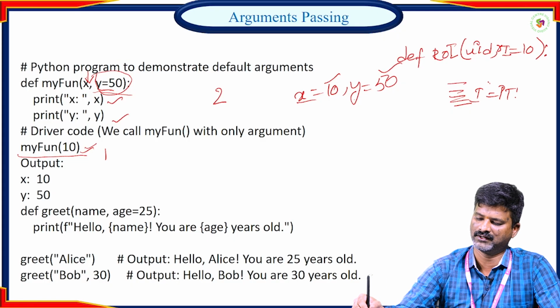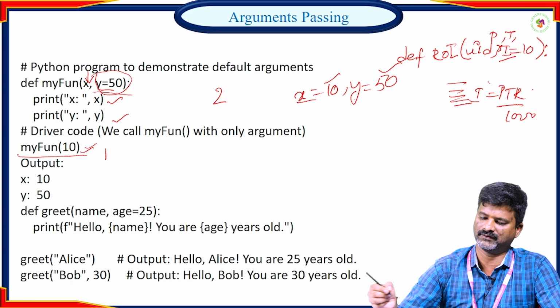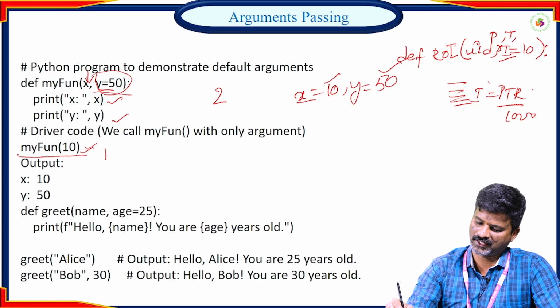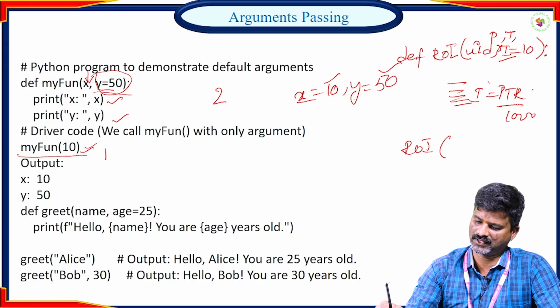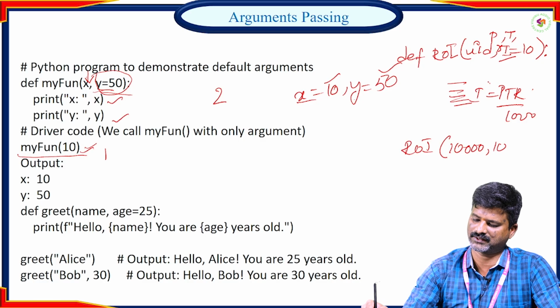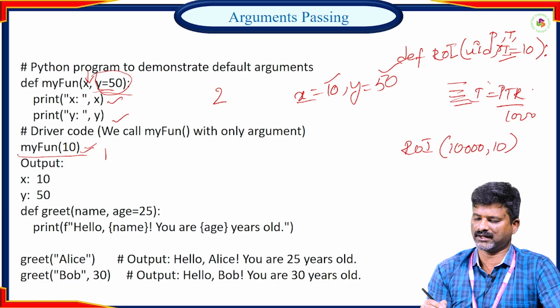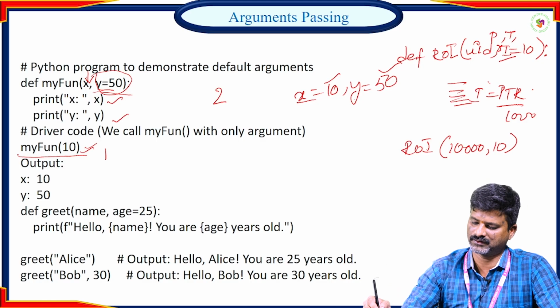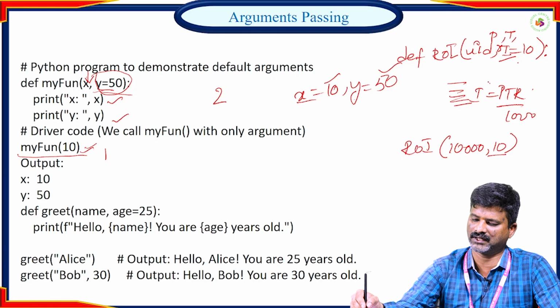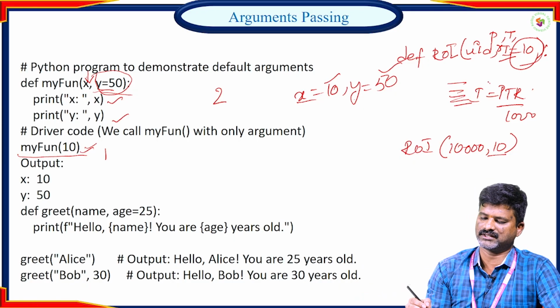All the parameters you are passing are principal amount, time, and rate of interest. When I am calling this rate of interest function, I pass a principal amount like 1000, and time, but I am not passing the rate of interest. So what will happen?